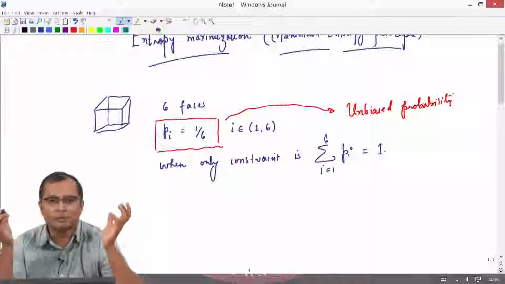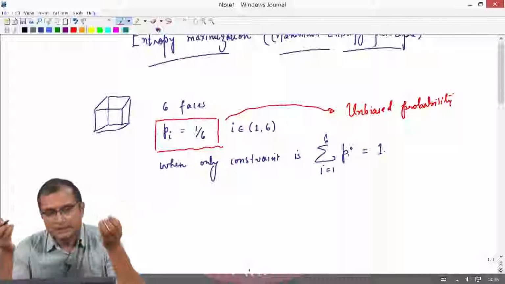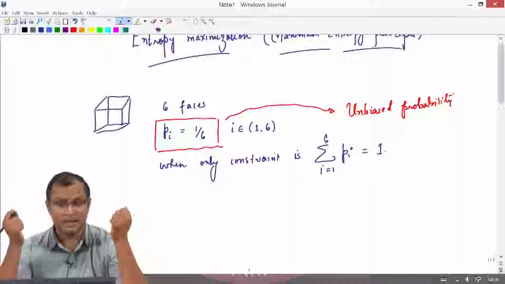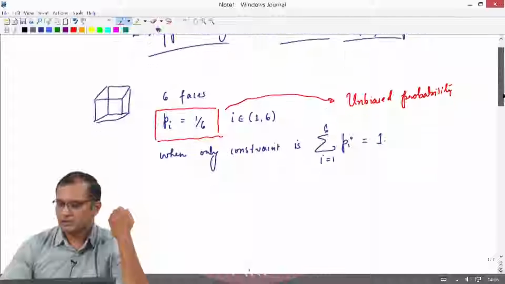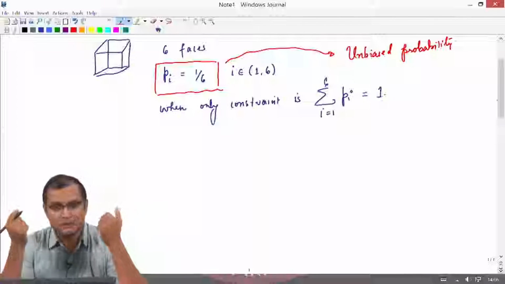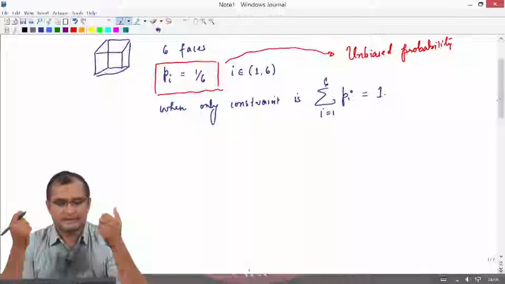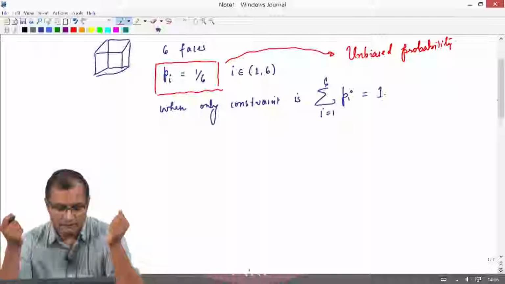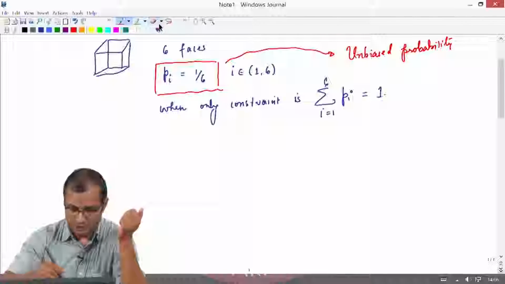Now, today we will see an important result which is established in the context of biased probabilities. This will be the case of a die where some faces have a higher probability of occurrence compared to the others. Now, what do I mean by this?